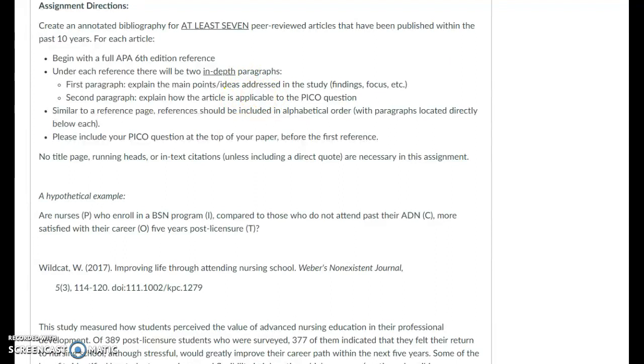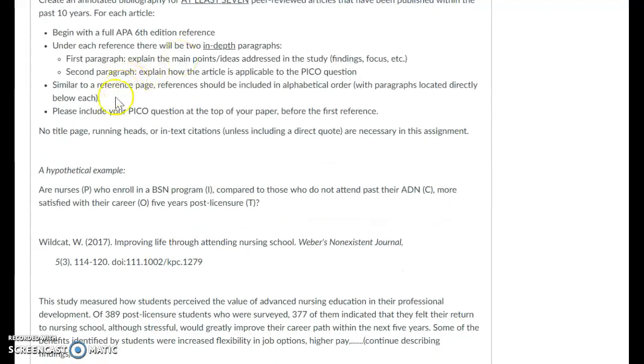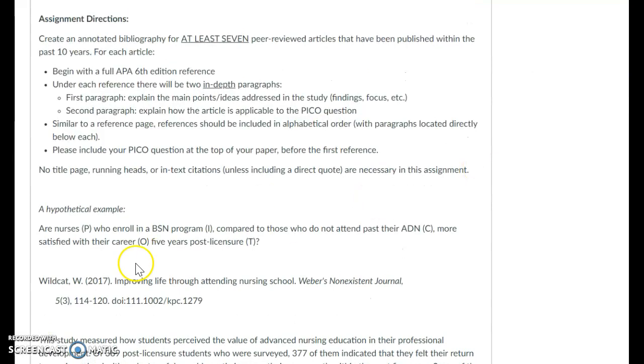You need to make sure that you're well versed in what the article is about, as well as what that means to your study. Now, similar to a reference page, you do need to have the references be in alphabetical order. Just to clarify, that doesn't mean that if there are multiple authors, they switch their names around within it to alphabetize authors within the same journal.